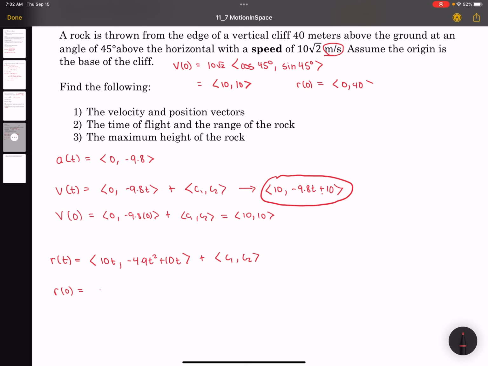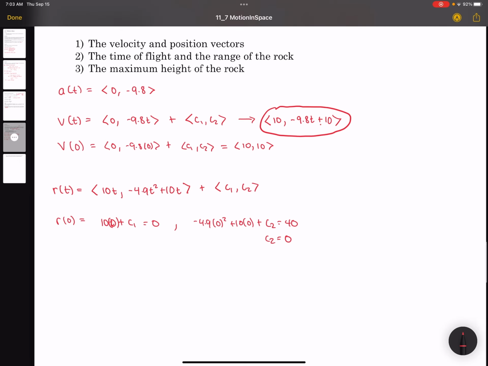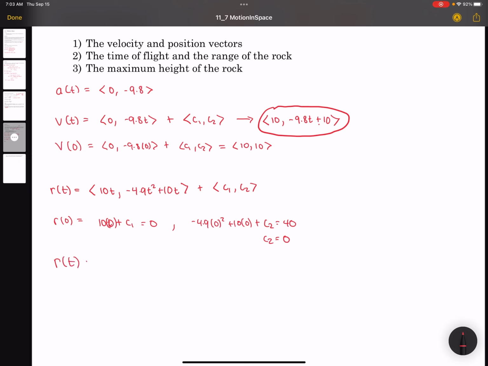So that means that 10 times 0 plus C1 equals 0, so C1 is 0. That's not going to change. And we also get negative 4.9 times 0 squared plus 10 times 0 plus C2 is equal to 40. So C2 equals 40. Great. So our position equation is 10t and negative 4.9t squared plus 10t plus 40.